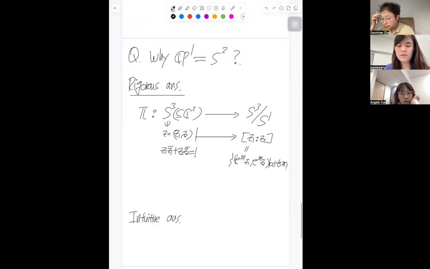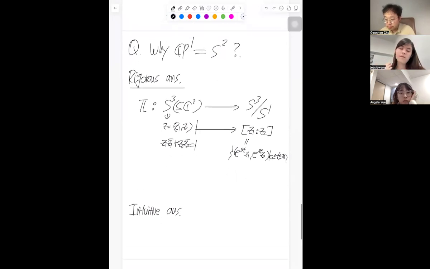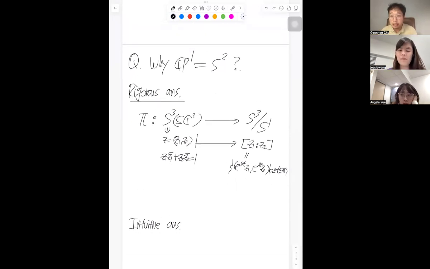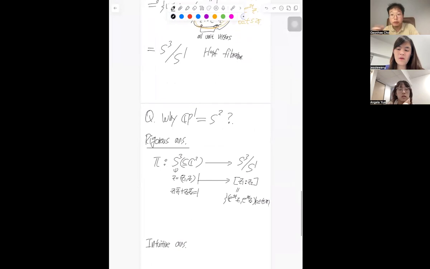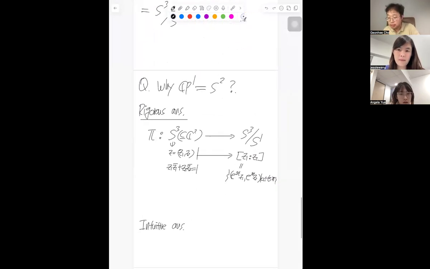In this case, before we identify with S2, let me know up to here, does that make sense to you? Before we identify with just S2, I'm just talking about this map pi.